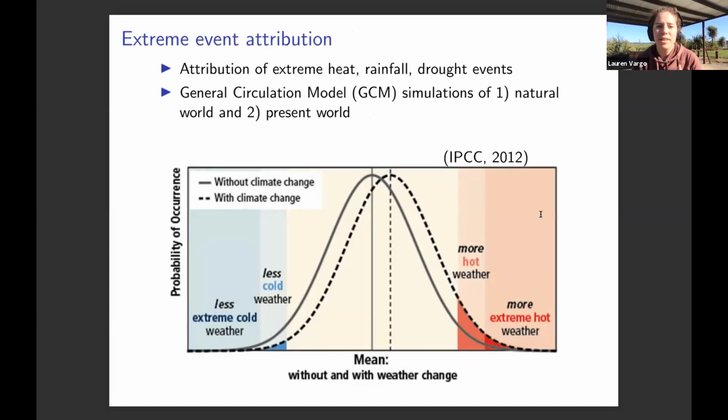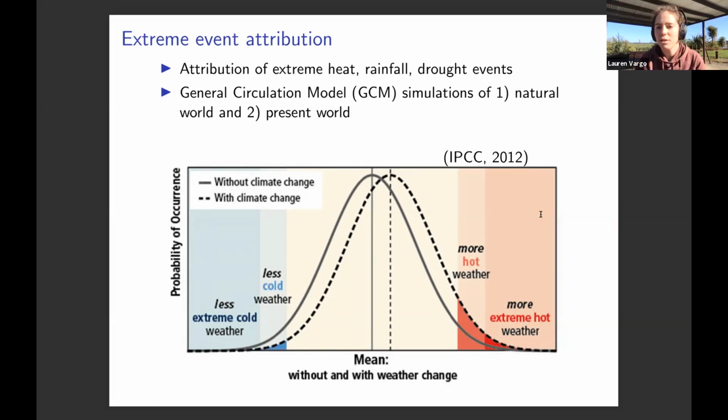The way that I did that was using extreme event attribution. And this is a pretty established method. It's been done for extreme climate events like heat waves, big rainfalls, or big droughts. Essentially the way that it works is it uses general circulation model simulations, those simulations of climate around the Earth, for two different experiments.